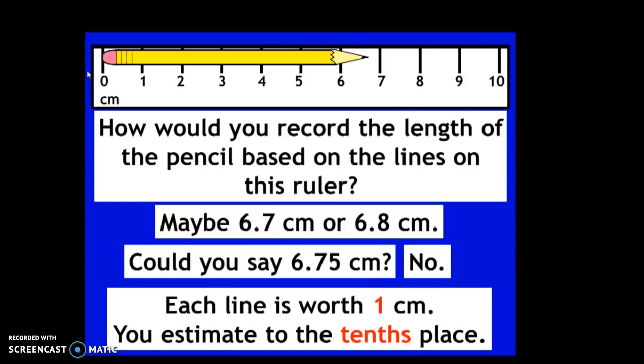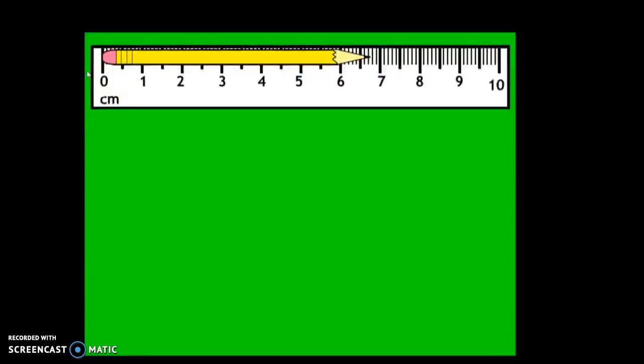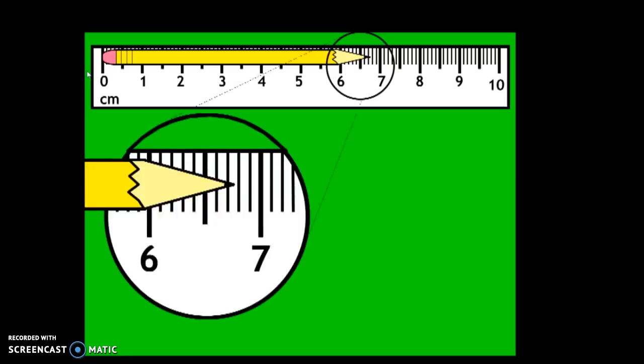And now finally, let's go to an even more precise ruler and measure the same object. So, as you can tell, this ruler has every line worth 0.1 centimeters. I'm going to give you a close-up expanding what that looks like. So, we are now at a point where we can measure somewhere between 6.7 and 6.8.